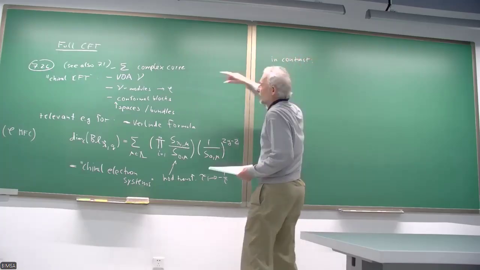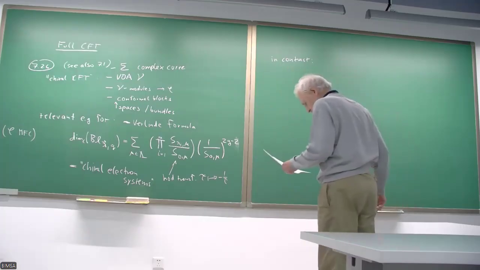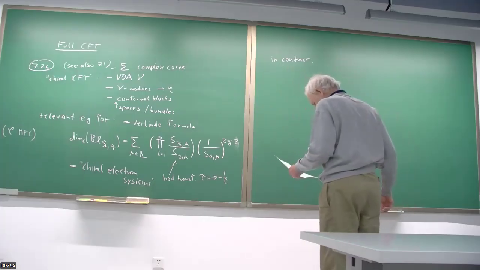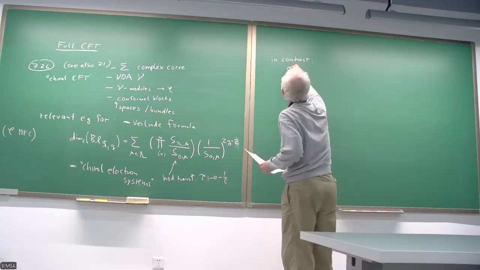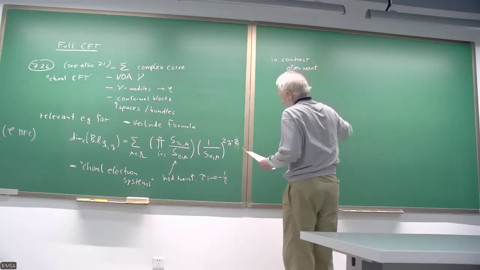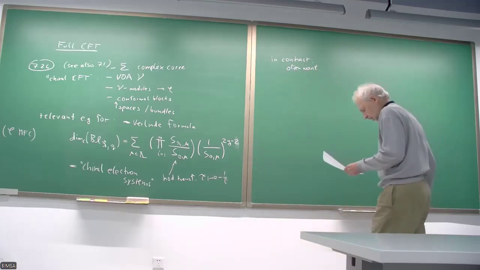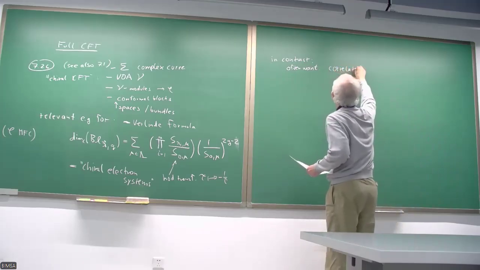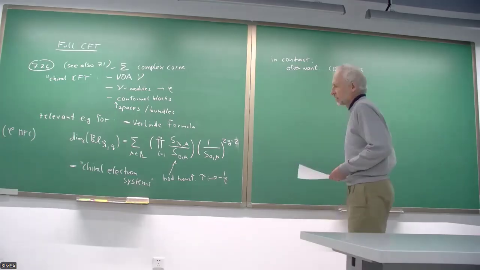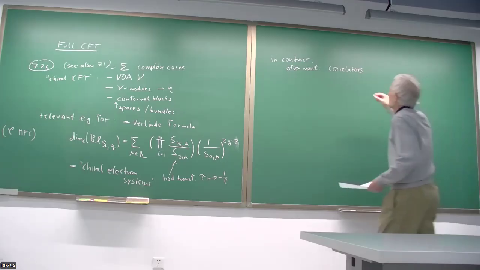Now, in contrast, and as we have to some extent already said in section 1, often, and in particular in applications that I am interested in, we need correlators which are correlators in the ordinary quantum field theoretic sense.